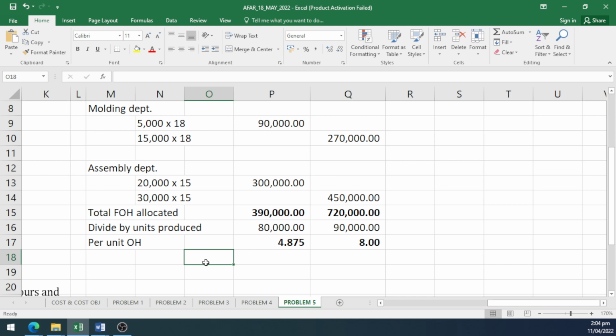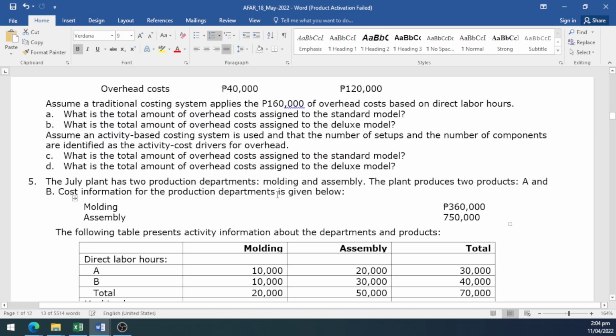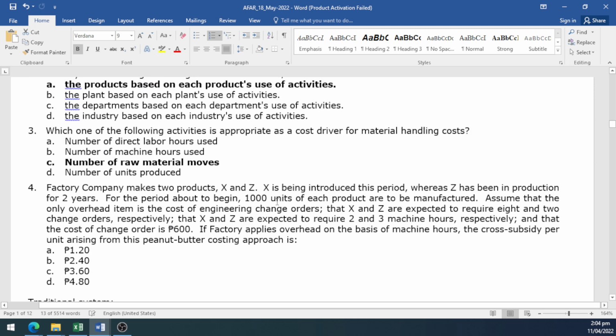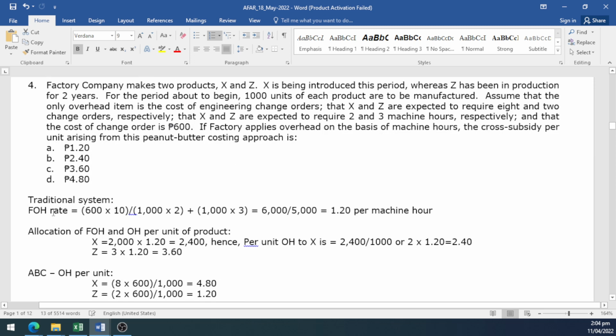And then, yung cross-subsidy, na nangyayari pagdating sa activity-based costing. Now, we proceed to the multiple choice, in particular, number 4, so that I can elaborate further on the peanut butter costing that will result to product cost cross-subsidization.